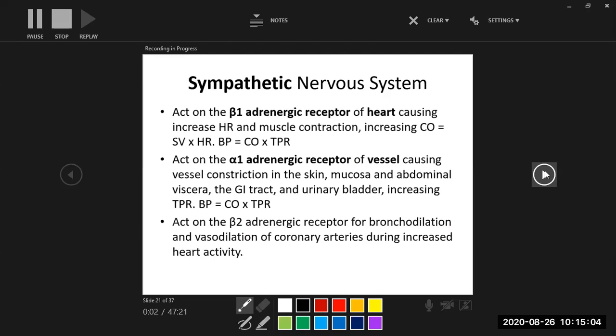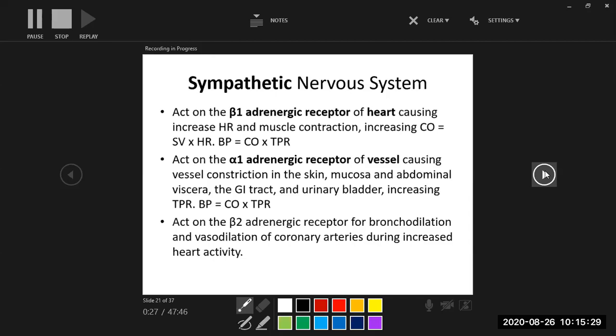So how does it affect our cardiovascular system? The major function is achieved by the sympathetic nervous system. So when you are in the fight or flight mode, the norepinephrine and epinephrine will start to work.